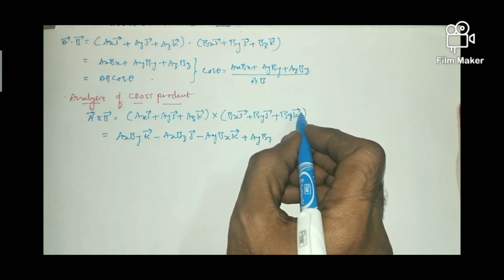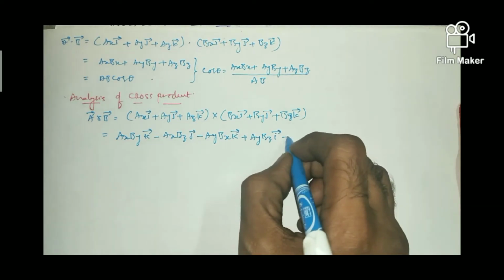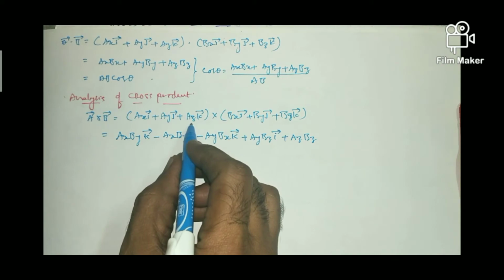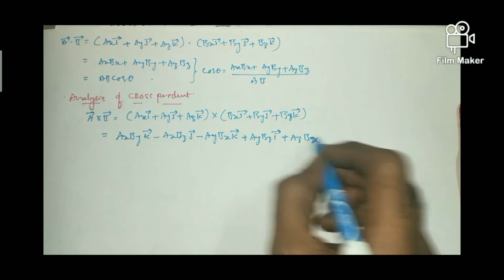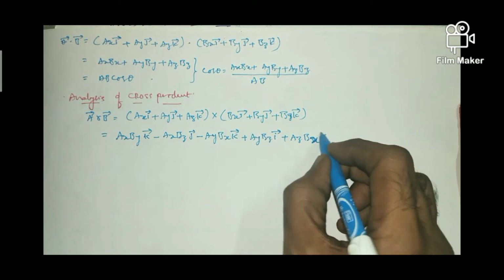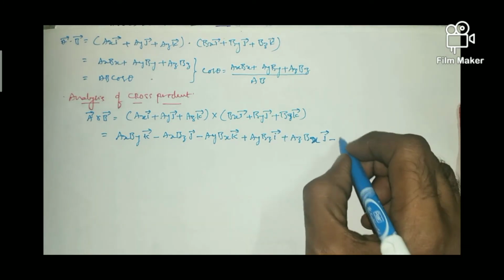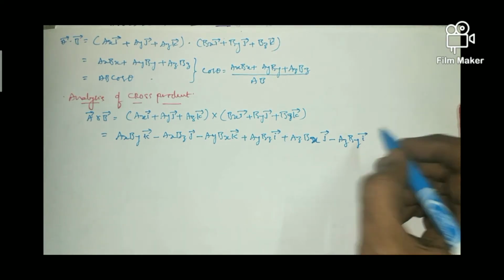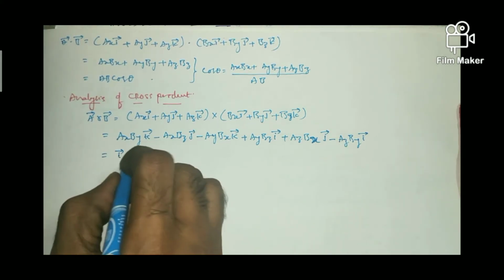Next, when you consider az with respect to bx, az bx into k bar cross i bar will be equal to j bar. Next, az by, and k bar cross j bar will be equal to minus i bar, and az bz k bar cross k bar will be equal to 0.